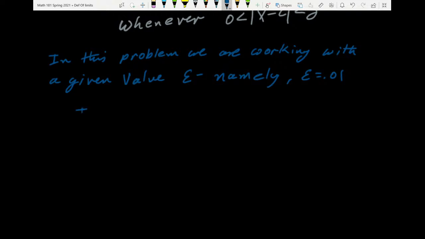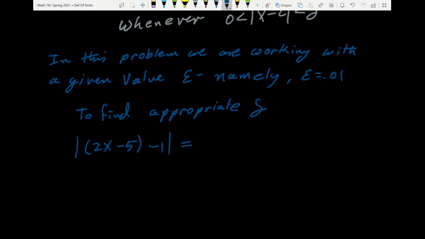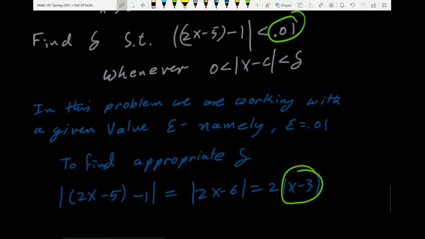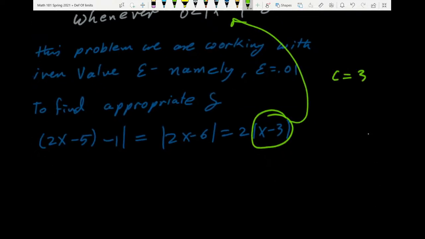So to find an appropriate delta, let's look at it. 2x minus 5 minus 1. Let's simplify it. You get 2x minus 6, and this looks like 2 times x minus 3. Doesn't that look like this x minus c we have right over here? And c is what in this case? C is 3, because the limit is as x goes to 3.